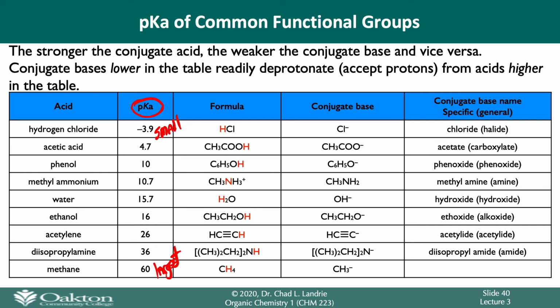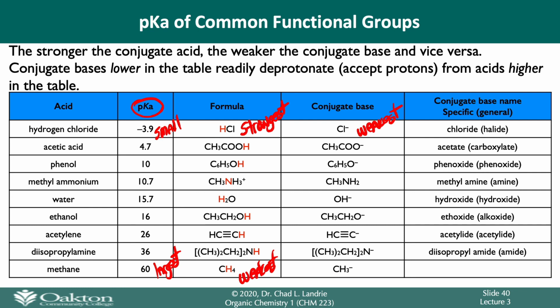That means that in this series, hydrochloric acid is the strongest and methane is the weakest. And again, using that corollary we used in a previous slide, that can help us to infer the strength of conjugate bases. Remember, the stronger the conjugate acid, the weaker the conjugate base. So chloride is the weakest conjugate base in this series.